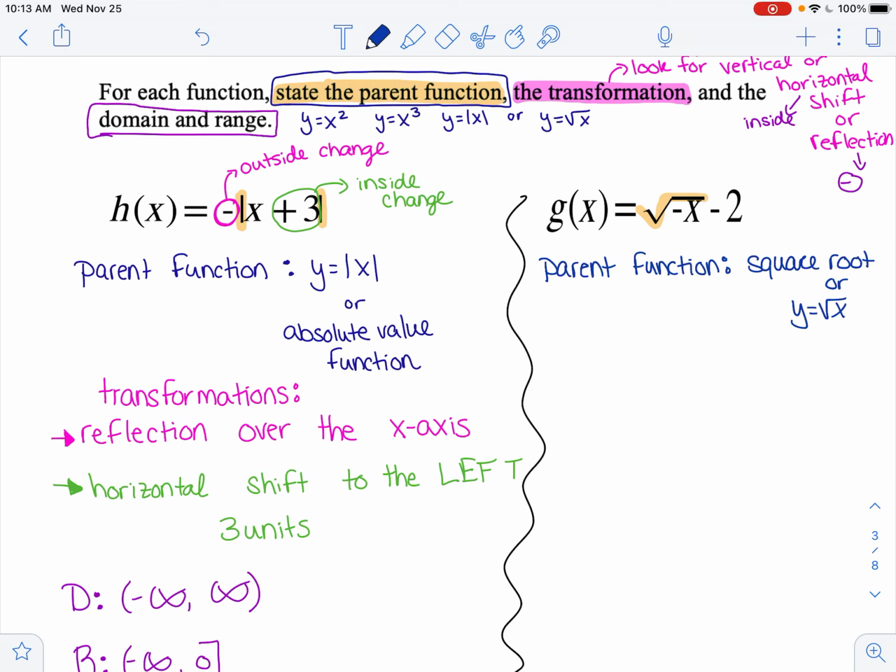That's my parent function because I physically see that square root symbol. Now I've got to look for my transformations. There are two. The first one is a negative inside change.